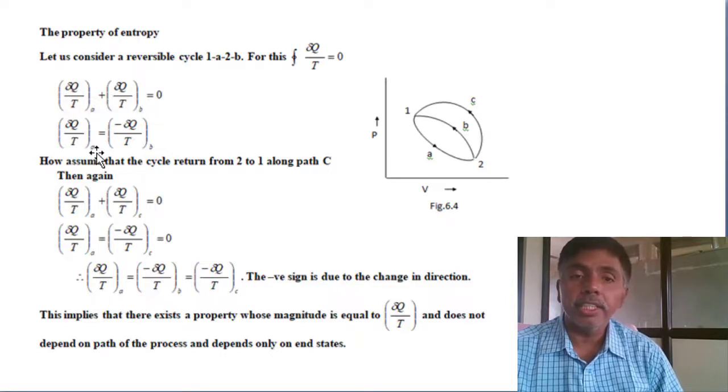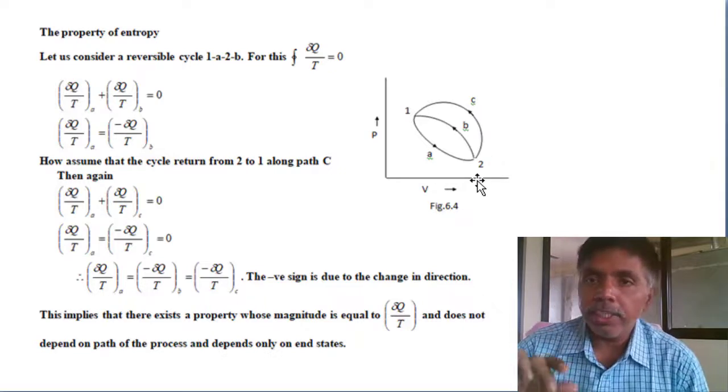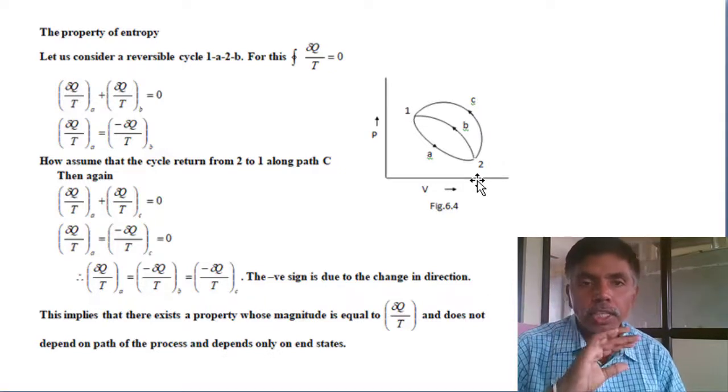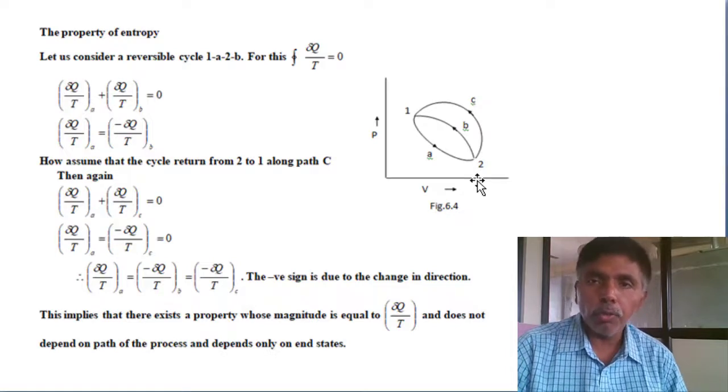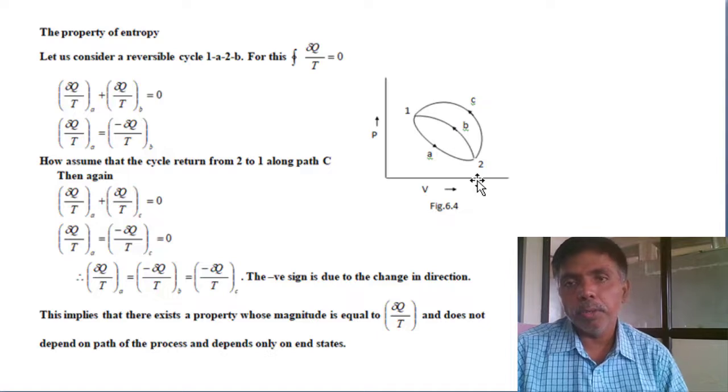Then dou q by T at A equals minus dou q by T at B. Same for 1A to C1. Here also the same. The magnitude is not changing, only the direction is changing. So the property is independent of process. So entropy is a point function, not a path function. It's a property. That's why in steam tables, specific volume, enthalpy and entropy are given with respect to pressure or temperature.